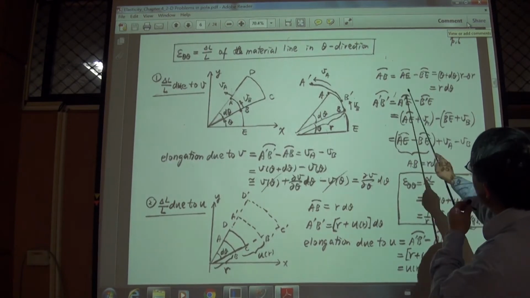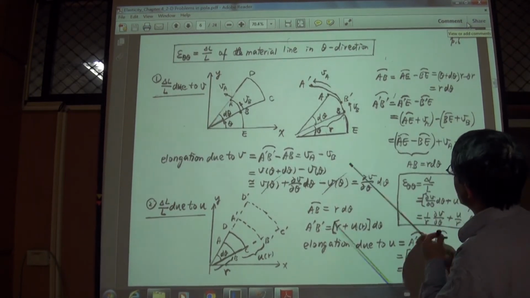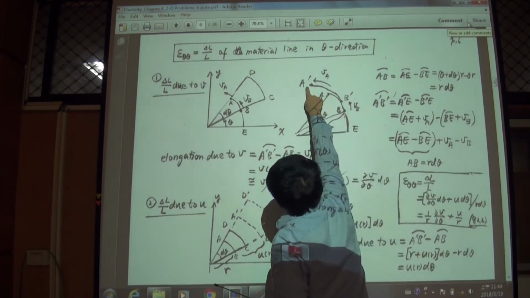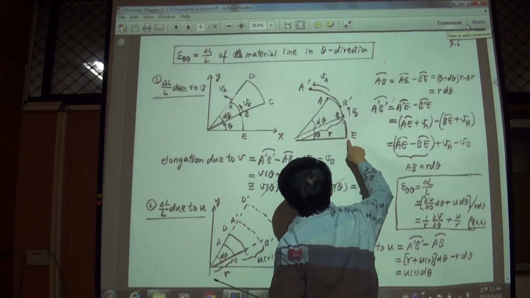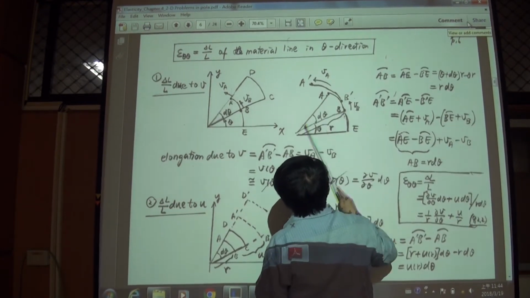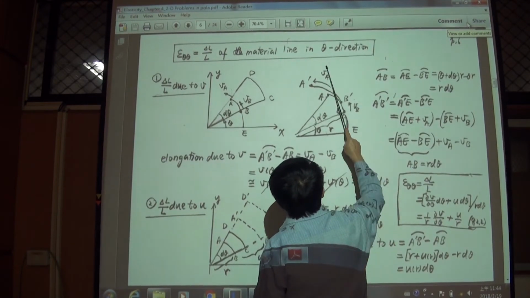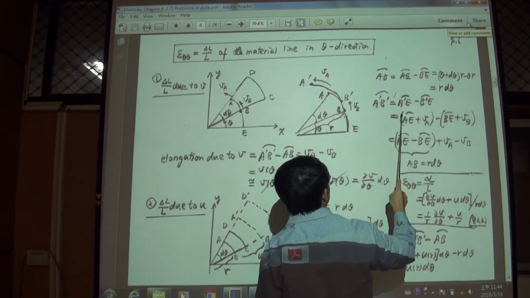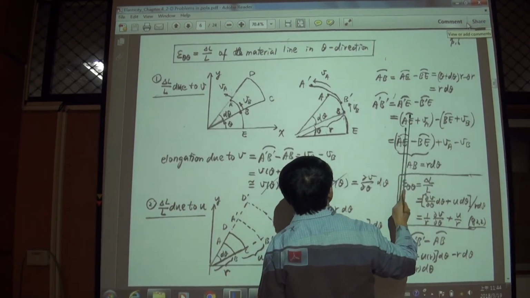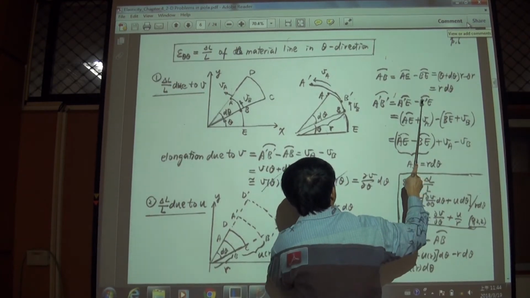Now we compute A prime E. What is A prime E? It is AE times VA, this arc times VA. A prime E is AE plus VA here. How about B prime E?